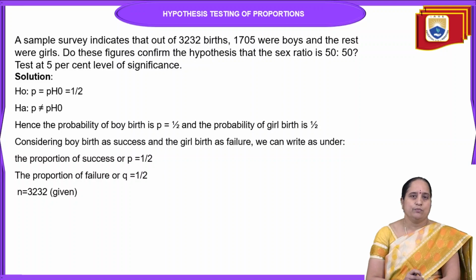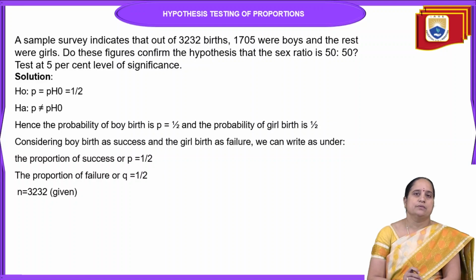Let us take one example. A sample survey indicates that out of 3,232 births, 1,705 were boys and the rest were girls. Do these figures confirm the hypothesis that the sex ratio is 50:50? Tested at 5% level of significance.